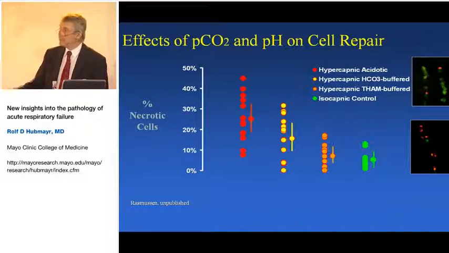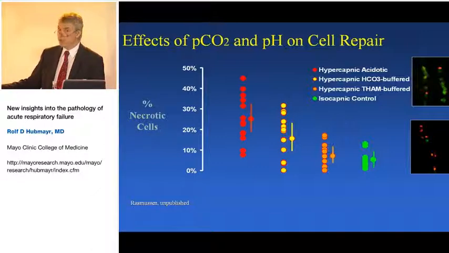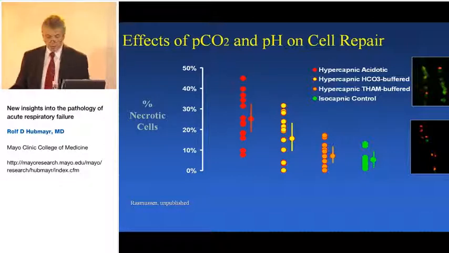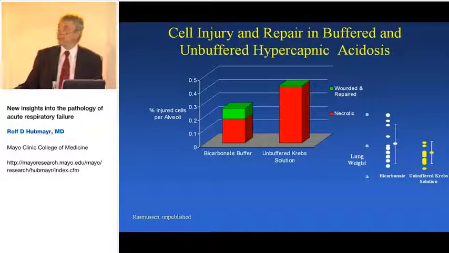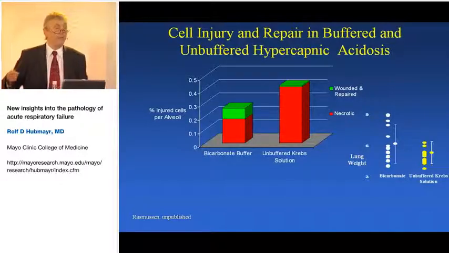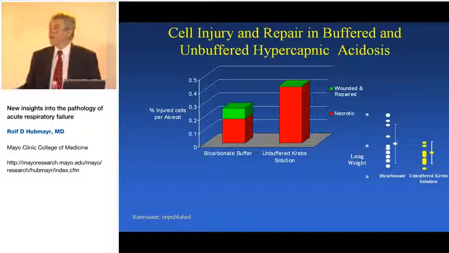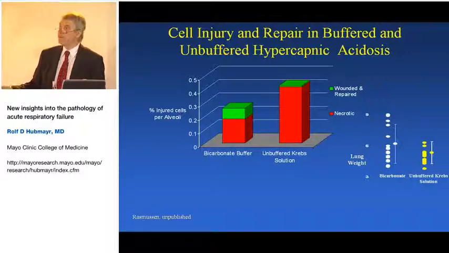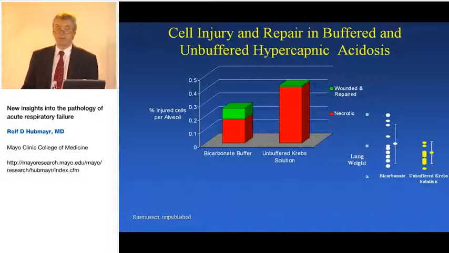You've got the least amount of necrosis, or the most repair, under isocapnic control condition, and it's the worst when you have hypercapnic acidemic conditions, and buffering tends to have a beneficial effect. And if you repeat this in the whole lung, it is interesting that when you use bicarbonate buffer, not only do you decrease the amount of cell injury, you also seem to benefit the repair.